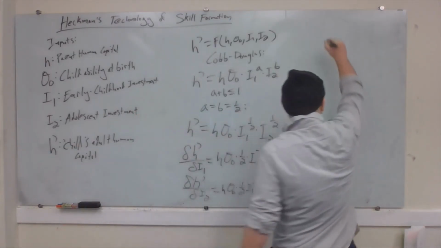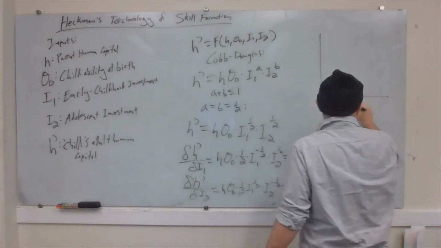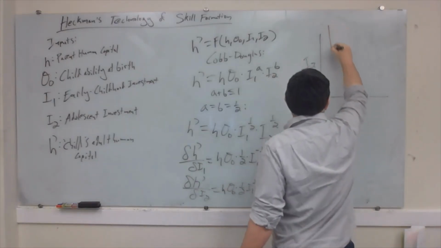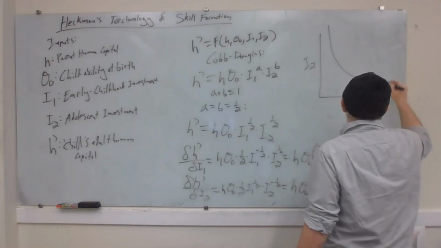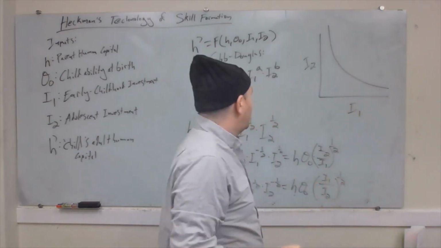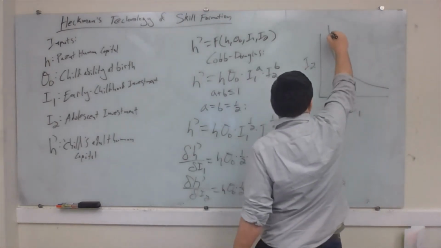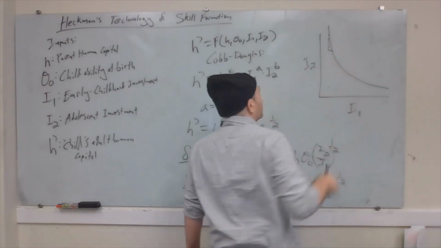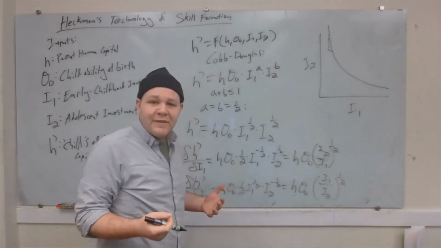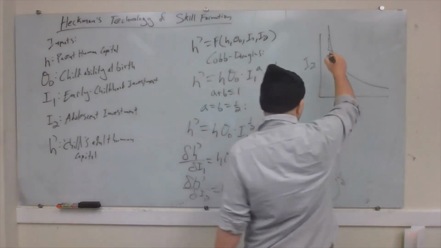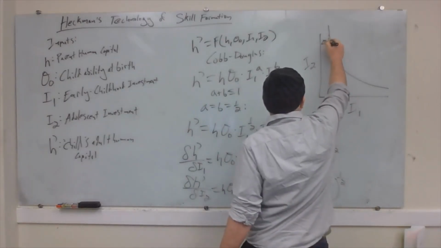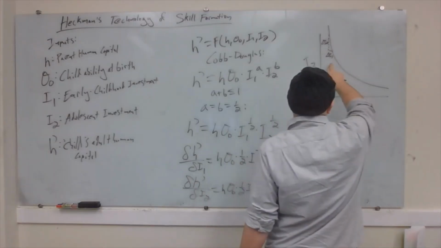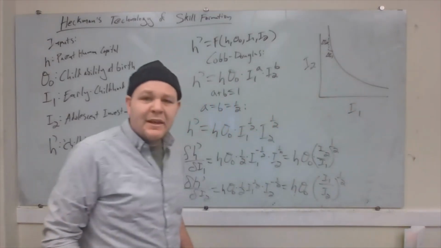In terms of our isoquants, this is going to mean that we've got an I1 and an I2, where our isoquant's going to look something like this, right? Where the amount of high school investment it's going to take to make up for loss of early childhood investment is going to be very large when we've got fairly low levels of early child investment, right?